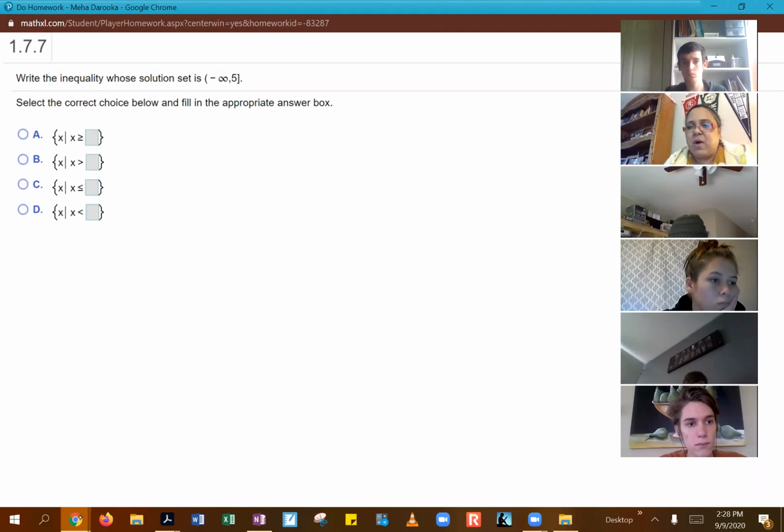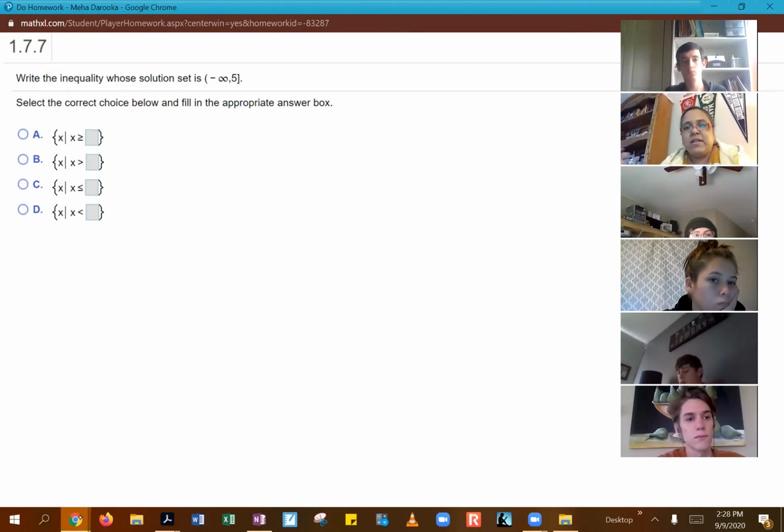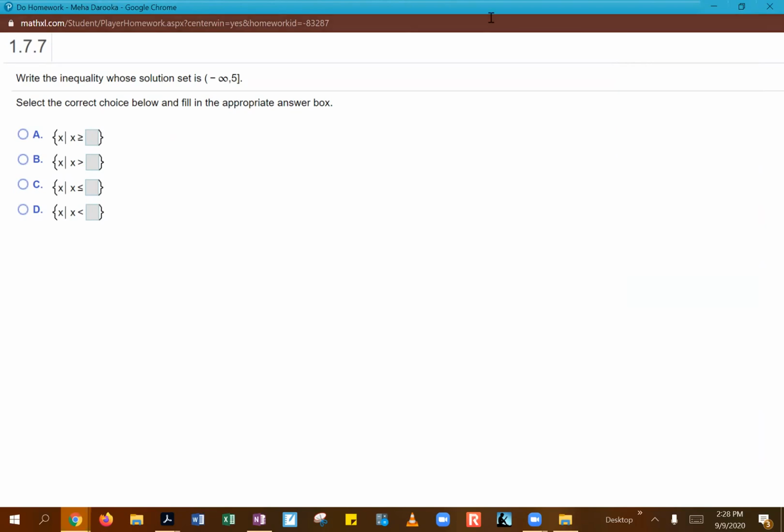So I want to make sure you are comfortable writing your answers in an interval set from inequalities, or in this example, they're giving us the interval set and they're asking us to write it as an inequality. So just to show you for this one here, let's go ahead and draw a number line.